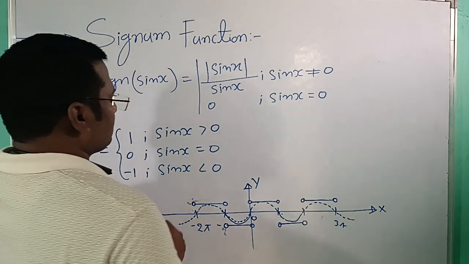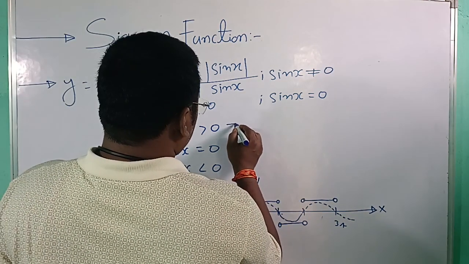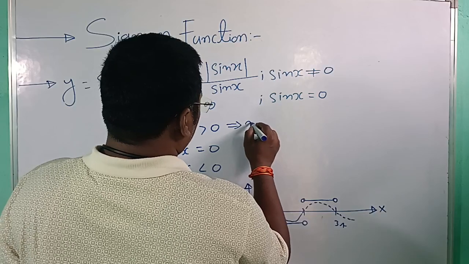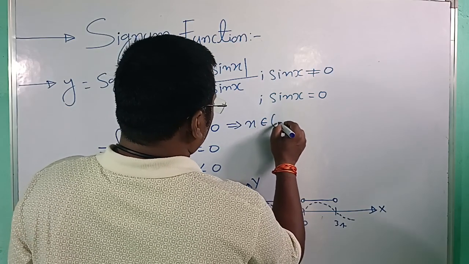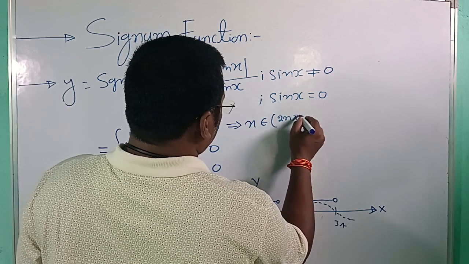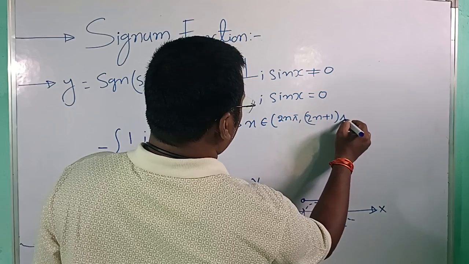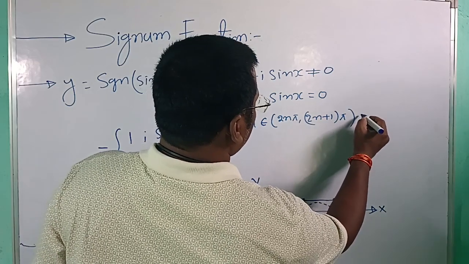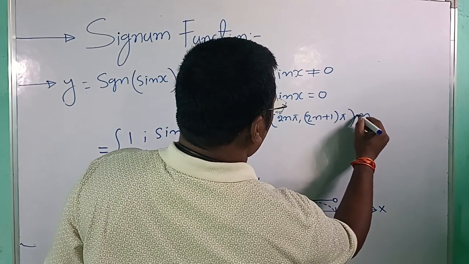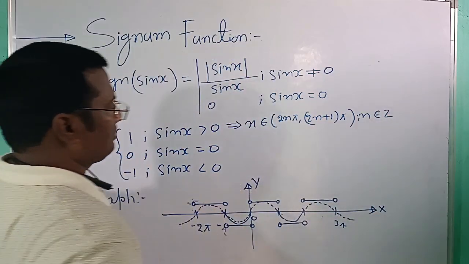So you can say in general form, this is 1 if x belongs to 2n pi to 2n plus 1 pi, where n belongs to z.